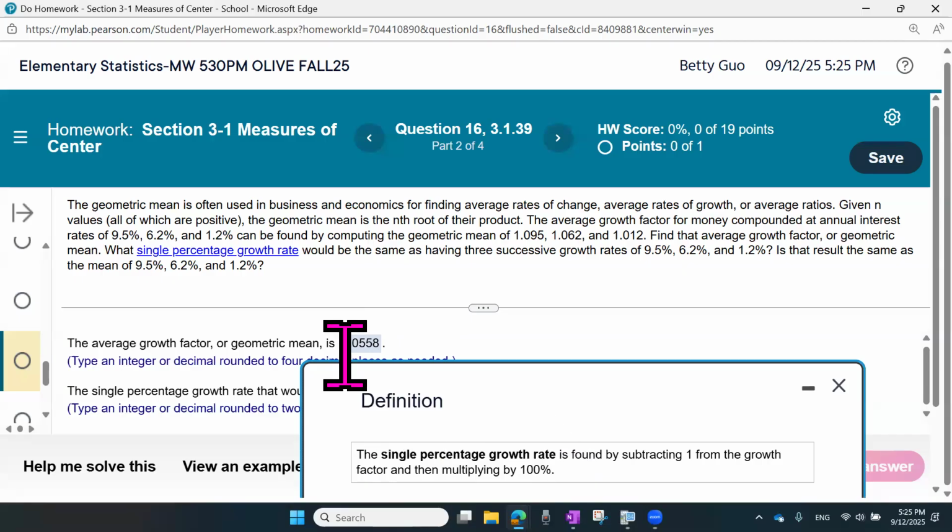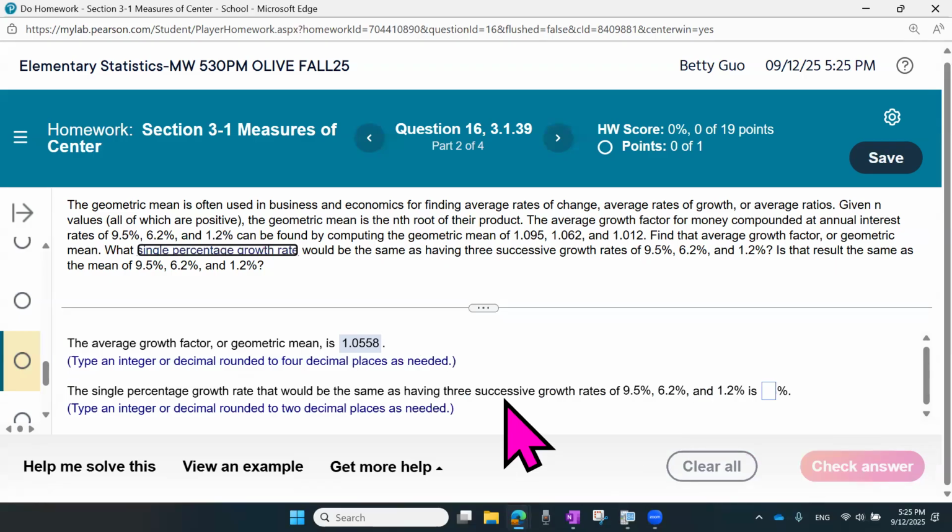So subtract 1 from this number is 0.0558, and then multiply by 100. Move the decimal point to the right twice. We have 5.58 and attach the percent sign. So the answer is going to be 5.58%.